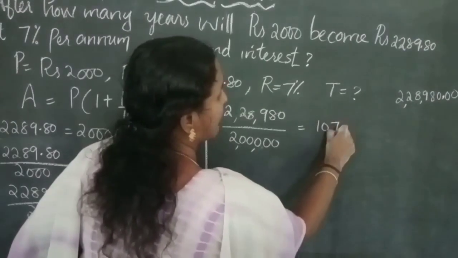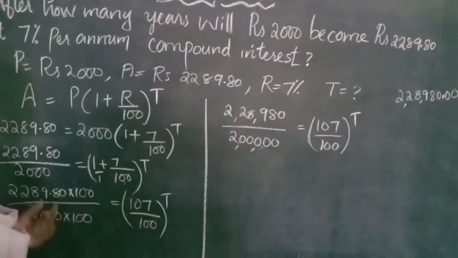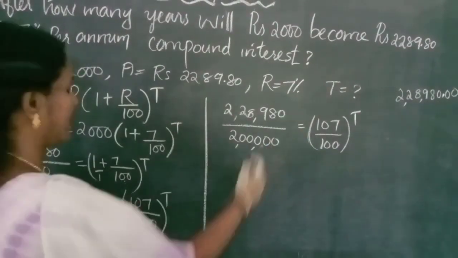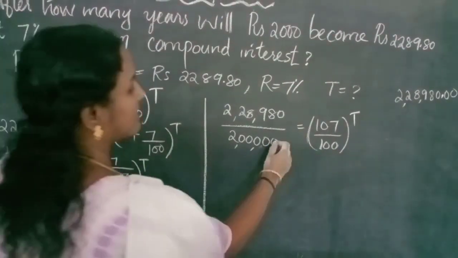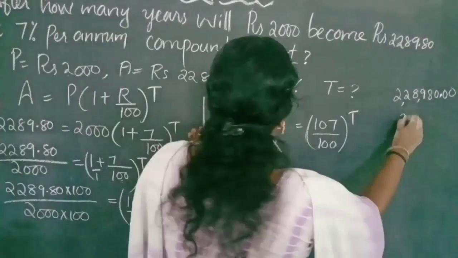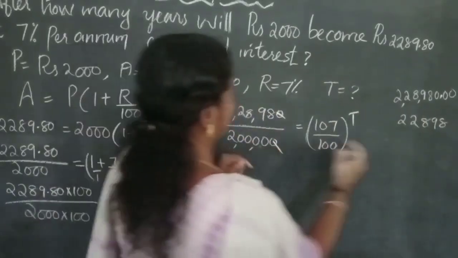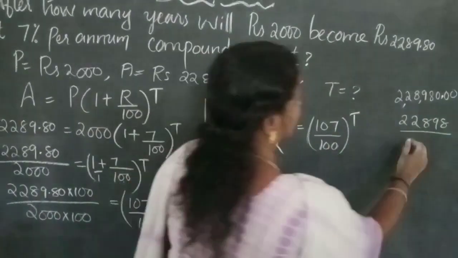Is equal to (107 by 100) the whole raised to t. You have to multiply, after that you put the decimal. Then 0 0 cancel. Then 2,2,8,9,8 divided by 20,000.